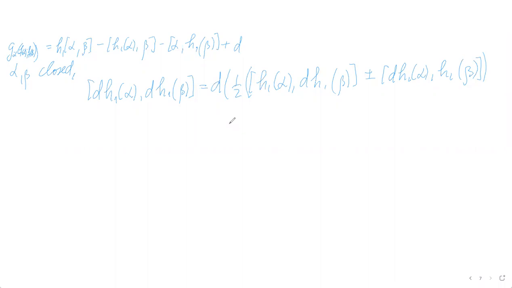So what I claim is that the remaining part looks like D of some H2. If you look at this formula and you remember what G2 is, this element was in the formula for phi of F of alpha, F of beta.